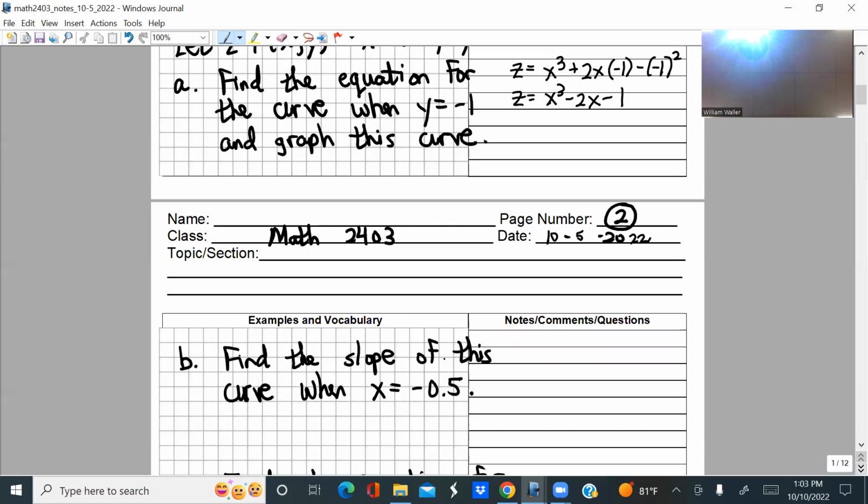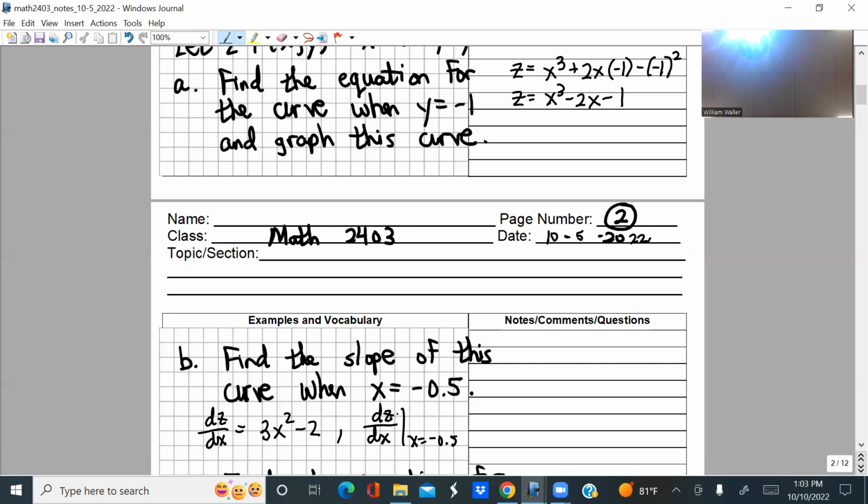You take the derivative. So let's take the derivative of this formula. That would be dz/dx, and what's that equal to? 3x squared minus 2. And then you're going to evaluate that when x is equal to minus 0.5.